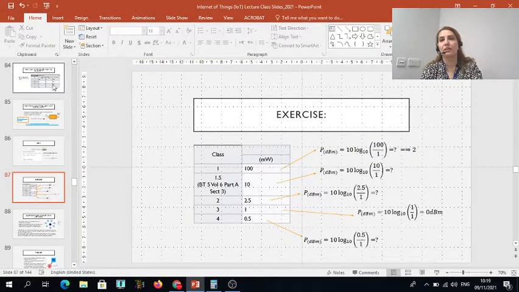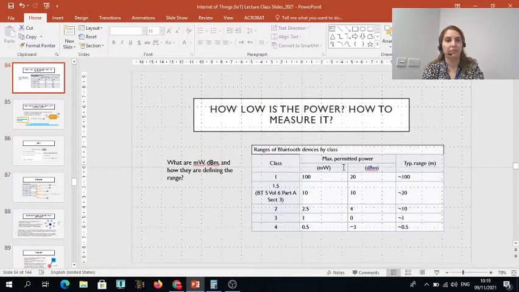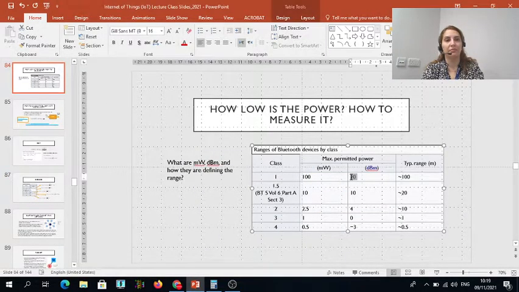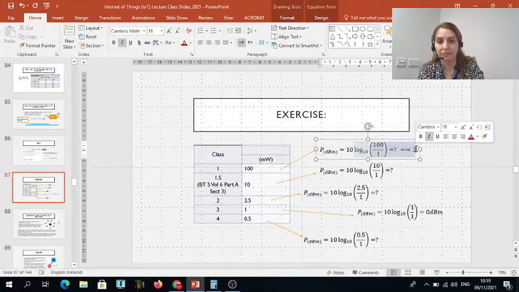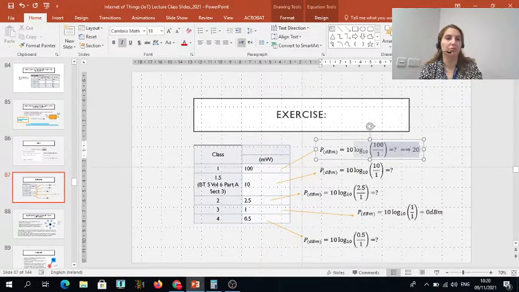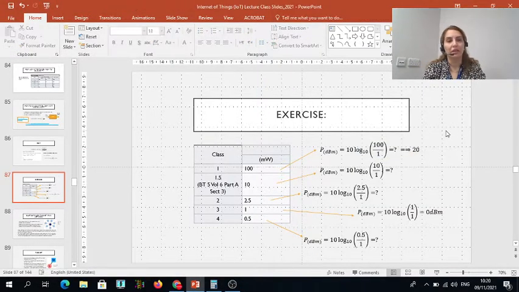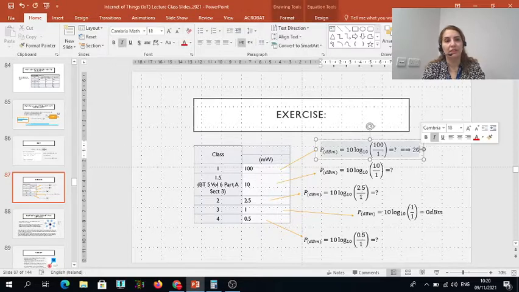Let's go back to the table and check. Did that give 20? So that's correct. I forgot to write it, 2 multiplied in, well, let's write it 20. I don't find my multiplication sign right now. So that is 20 dBm.